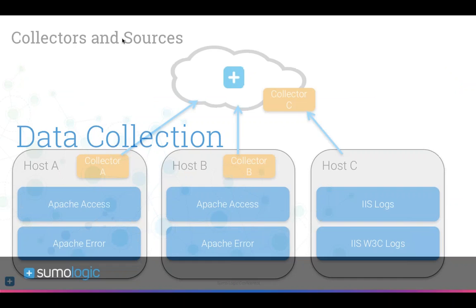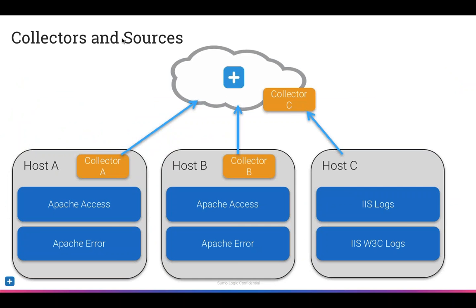All right, from a data collection perspective, I'm going to cover this at a high level. This is a good picture of a typical customer. In this case, they're sending us web server data, Apache and IIS logs, and they can have three different hosts.